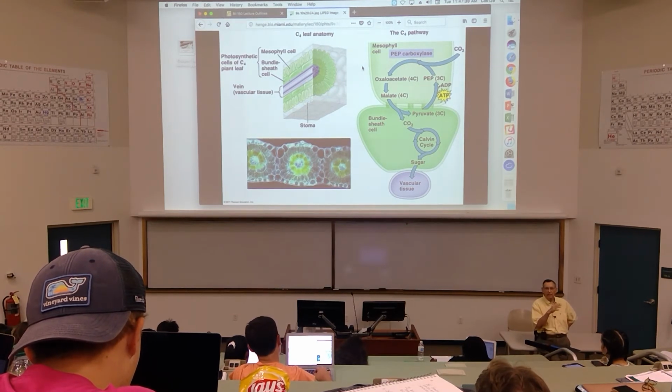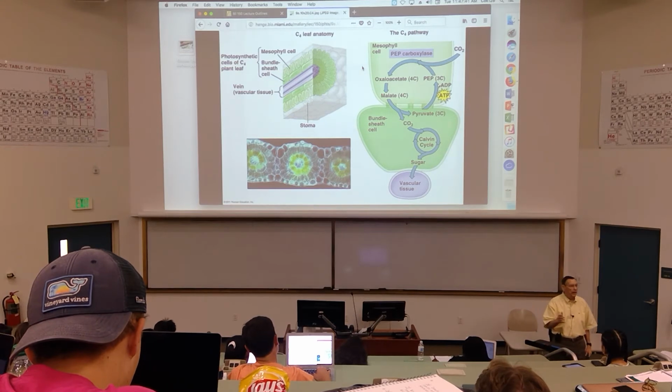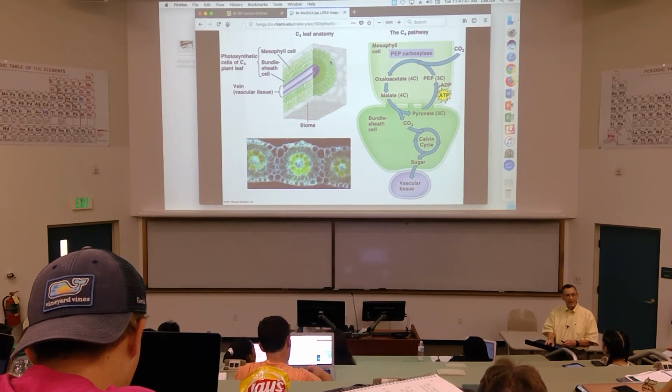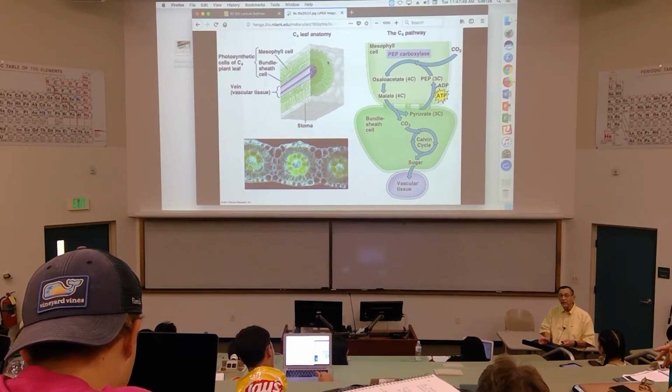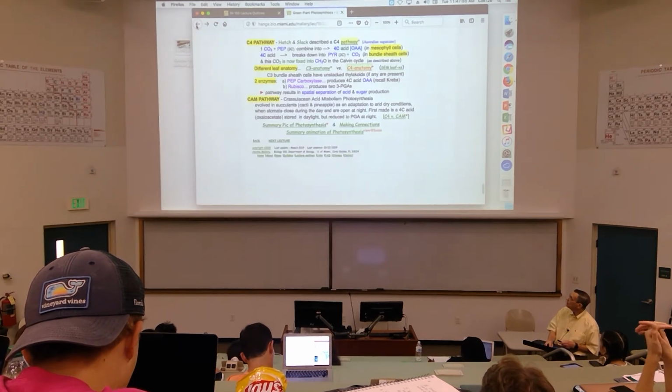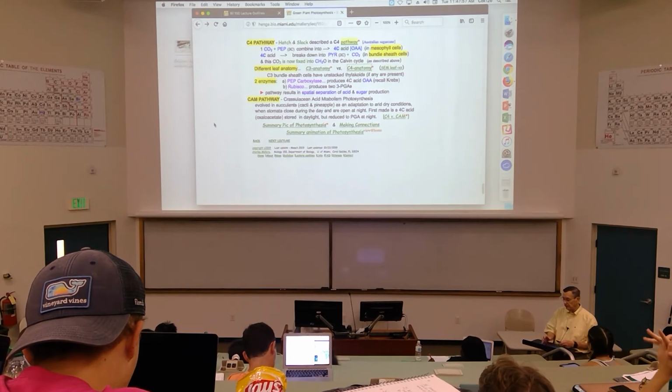So you're seeing a modification over time, evolutionarily. About 8 to 10% of plants on our planet today, natively, are C4 plants. Still, the large majority are Calvin plants. Now, there is another pathway that's basically a C4 pathway.